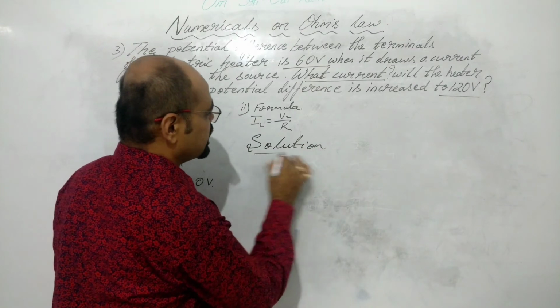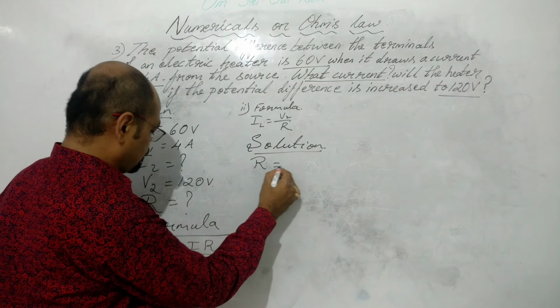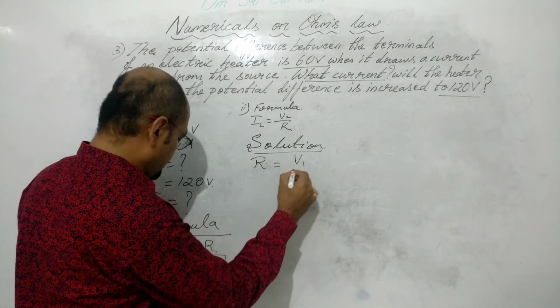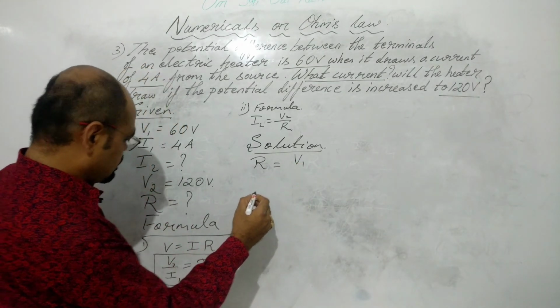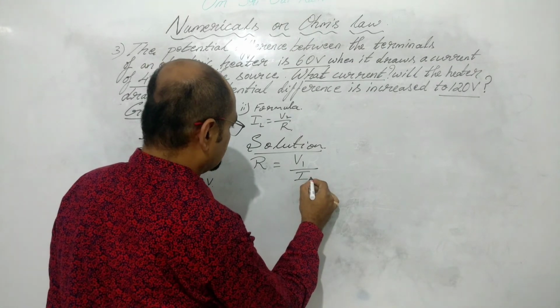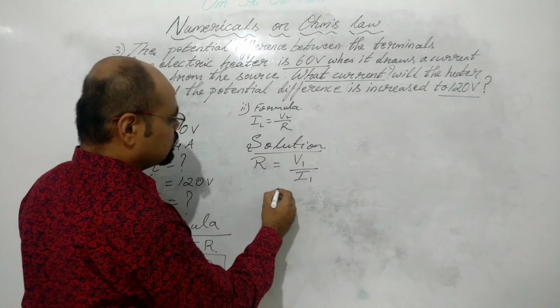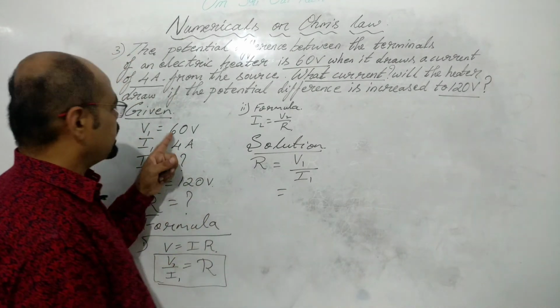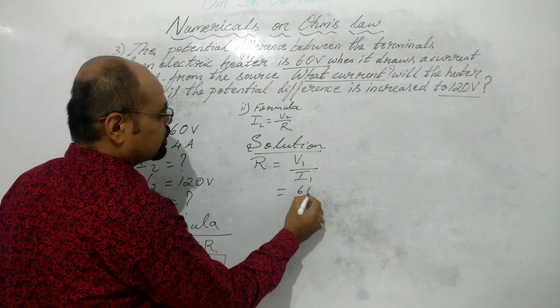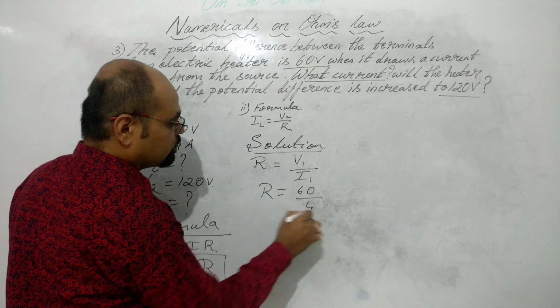The first solution: we are taking R is equal to V1 by I1. Substituting, we have V1 as 60 and I1 as 4.